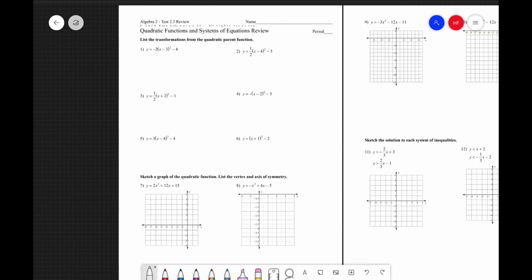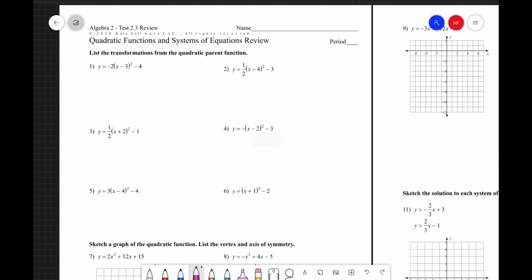List the transformations from the quadratic parent function. So the quadratic parent function is y equals x squared. And so we're looking at all the differences. So this first thing here, this right here, and this right here.